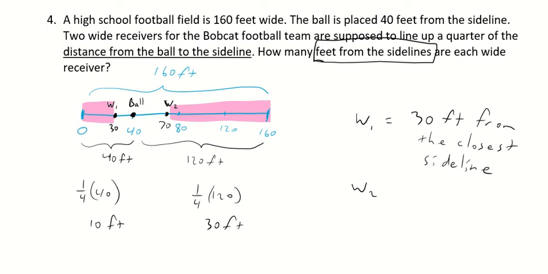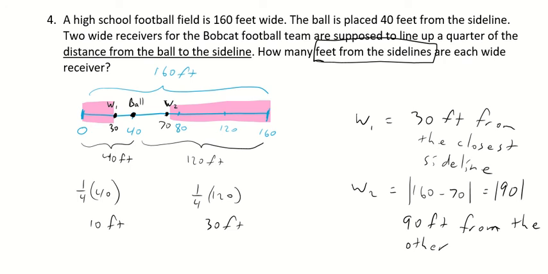And wide receiver 2 is 160 minus 70 absolute value, which is 90, the absolute value of 90, or 90 feet from the other sideline.